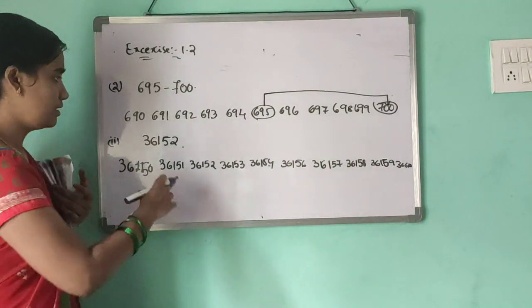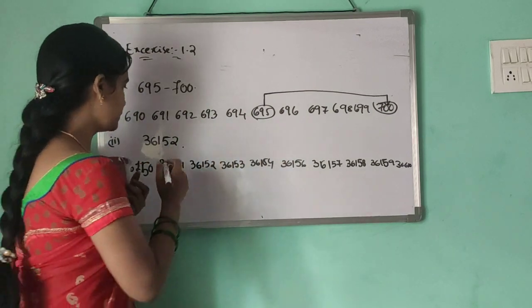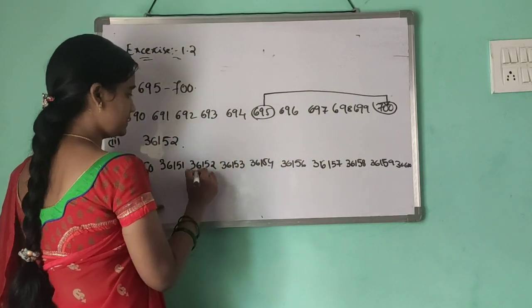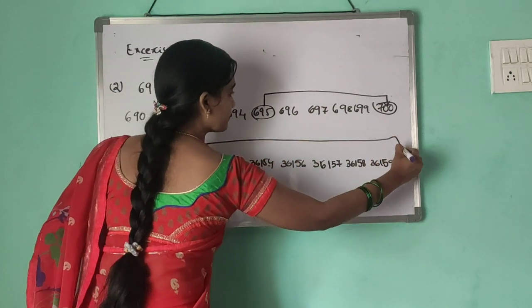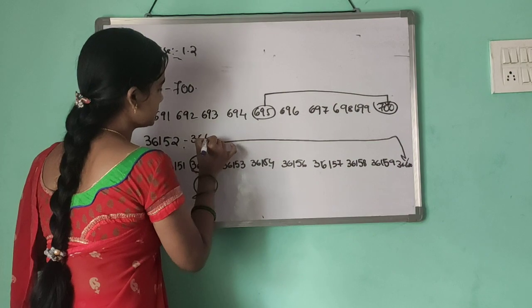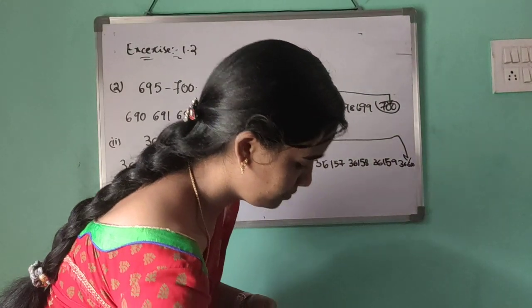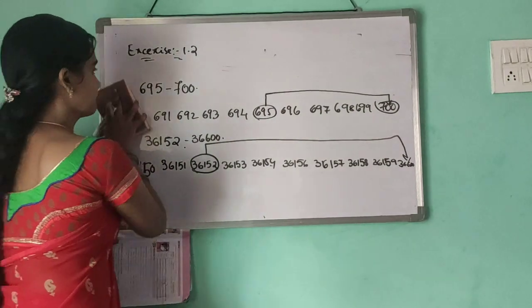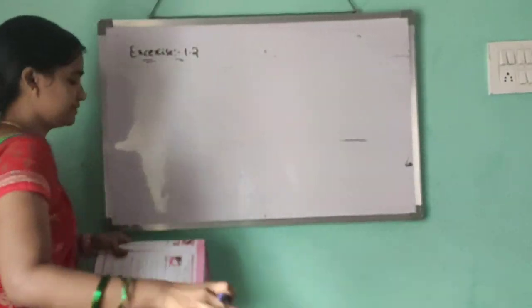Hundreds means the nearest hundred. You have to write the numbers like this. So 36152 rounds to 36600. This is how to write the nearest numbers of tens and hundreds.